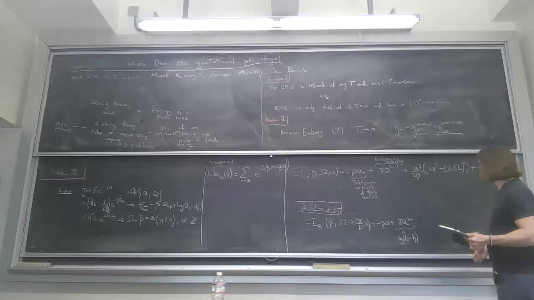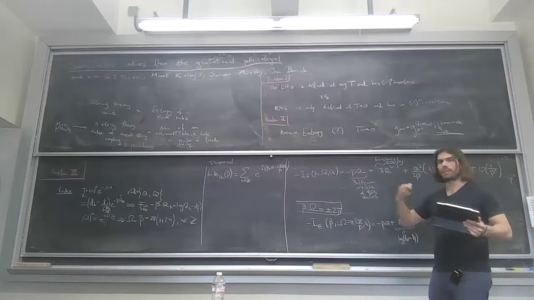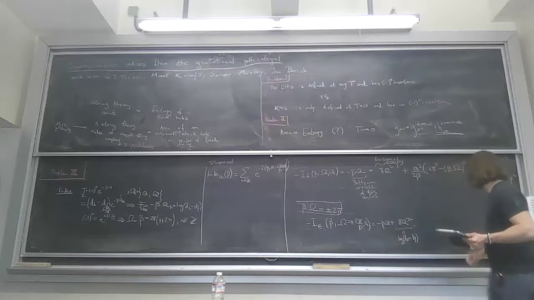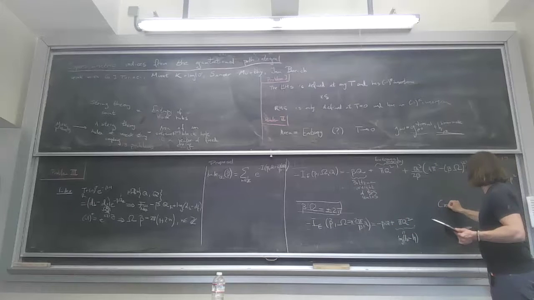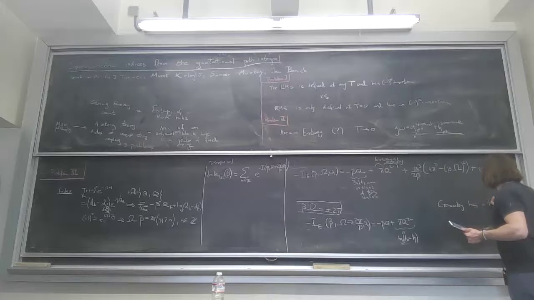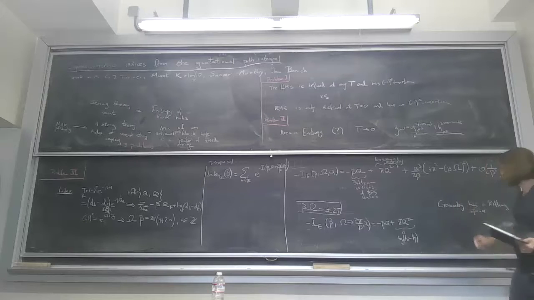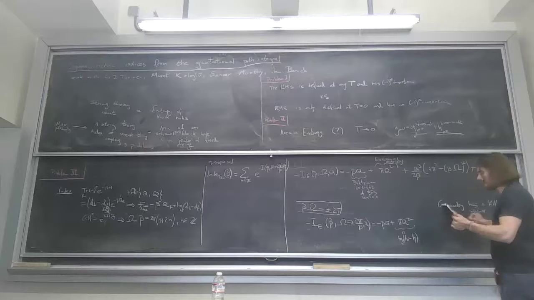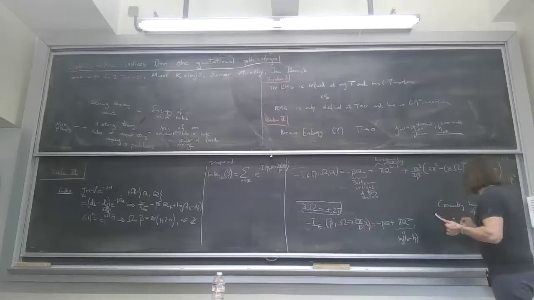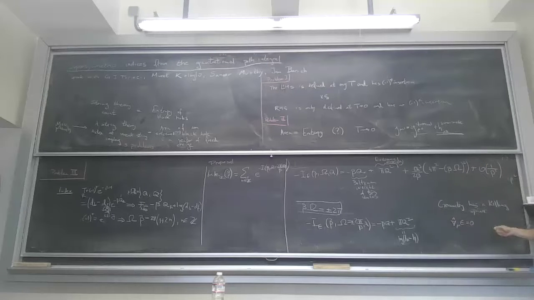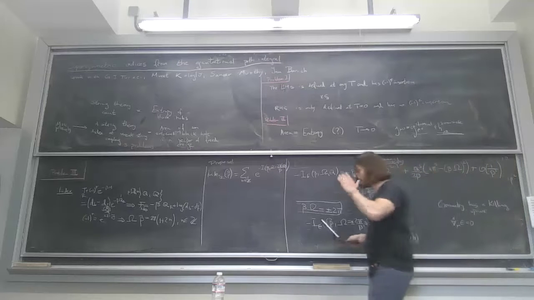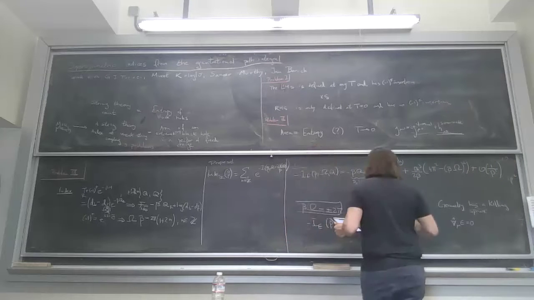And moreover, there is another special fact that we will be exploiting in the second part of the talk, which is that this geometry has a Killing spinor. To say that a geometry is supersymmetric is just the statement that there exists a Killing spinor on that geometry.